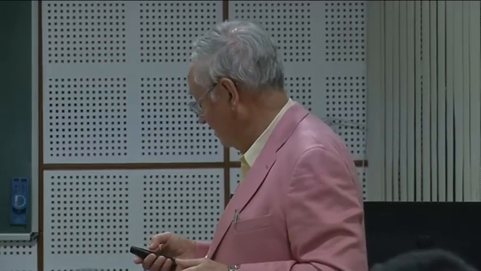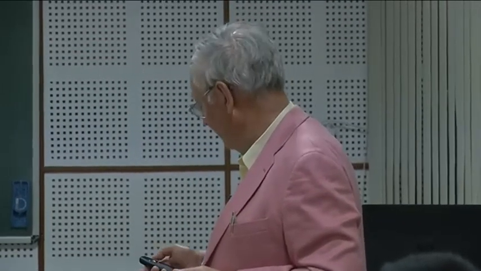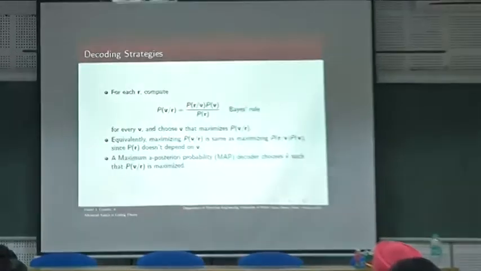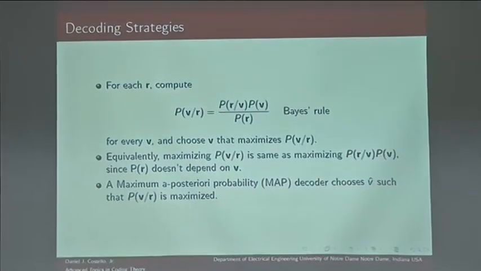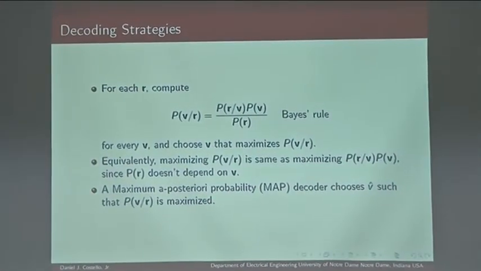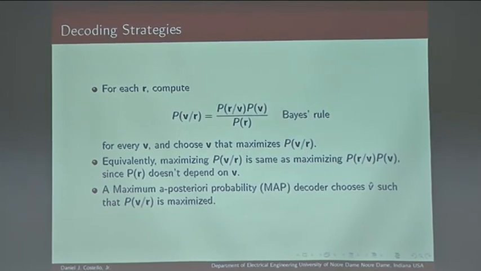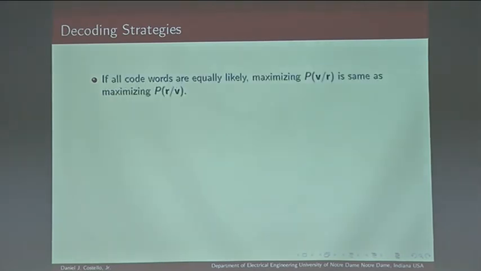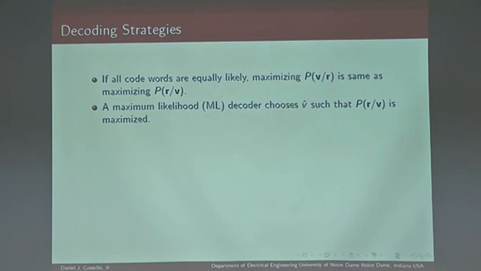So in that case, you have to worry about the combined term, and you have to do MAP decoding. We'll talk about this with convolutional codes: Viterbi decoding, which is maximum likelihood, and BCJR decoding, which is MAP decoding.